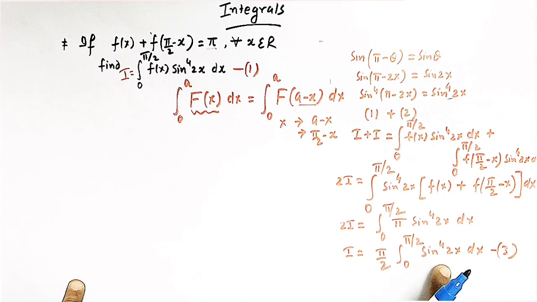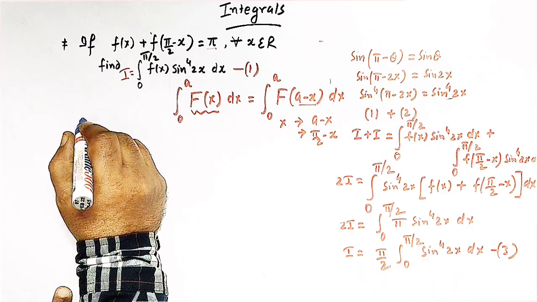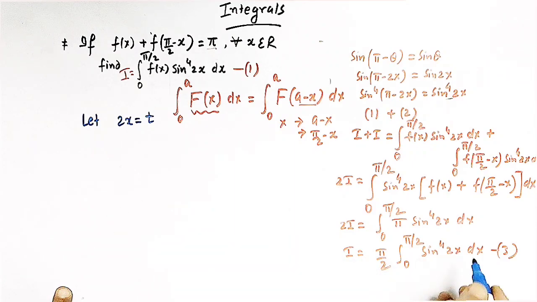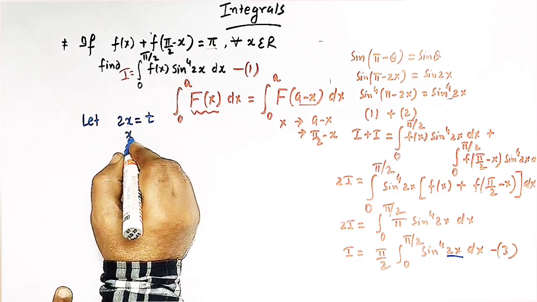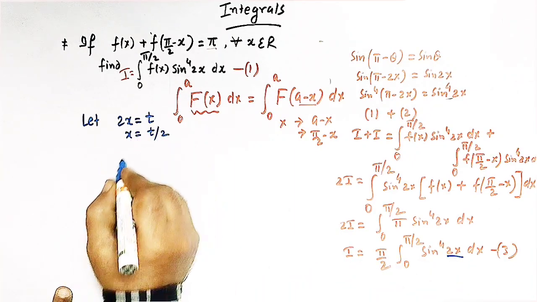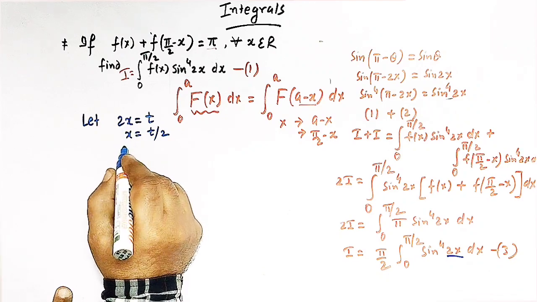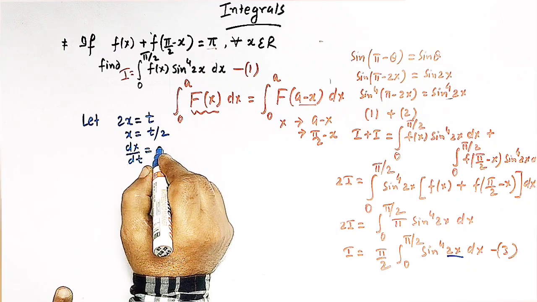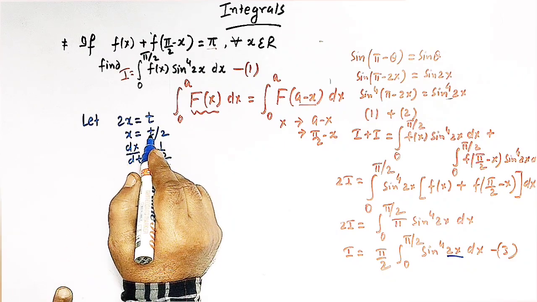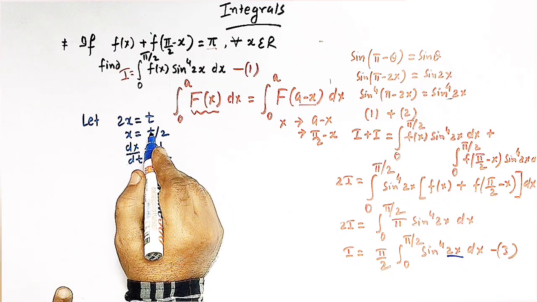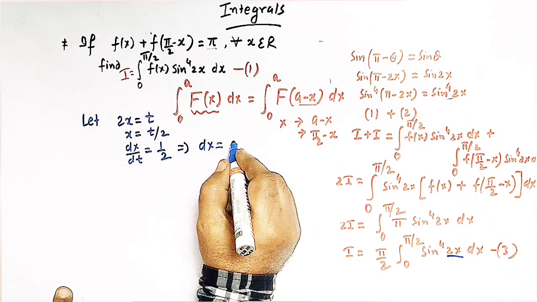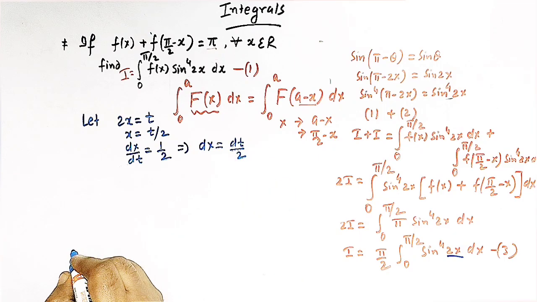So now let us make use of the method of substitution to solve this integral, and let us take 2x is equal to t, right? So we can now write x is equal to t over 2, and if we differentiate x with respect to t, we have dx over dt is equal to simply half, because the derivative of t with respect to t is 1. So now from here dx is equal to dt over 2, right?